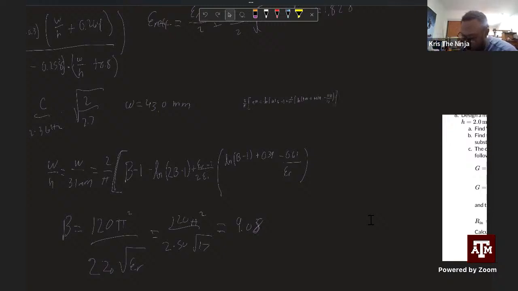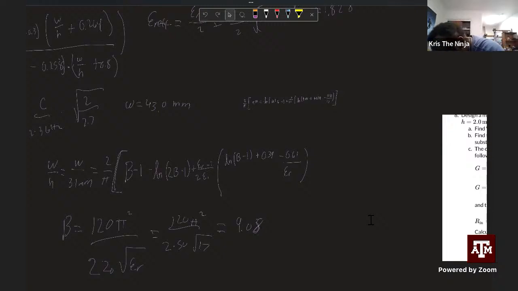I'm gonna do 0.61 divided by 1.7, then natural log of 9.8 minus 1. I'm just gonna use the full value. That plus 0.39 is, yeah.